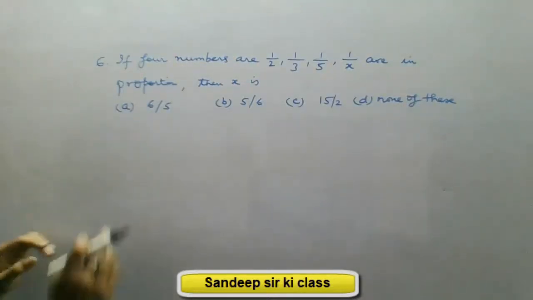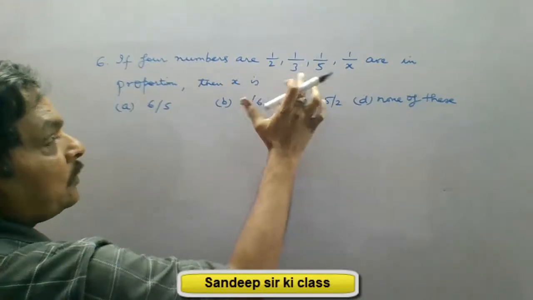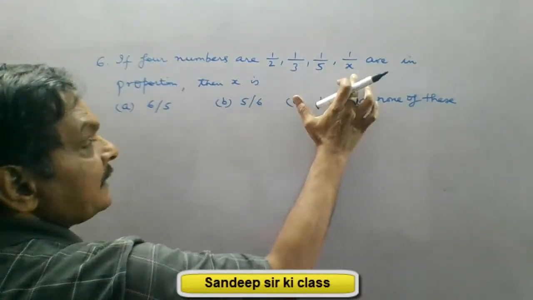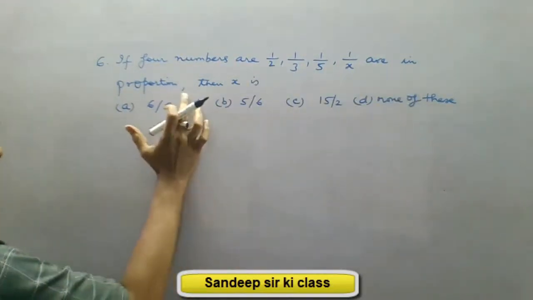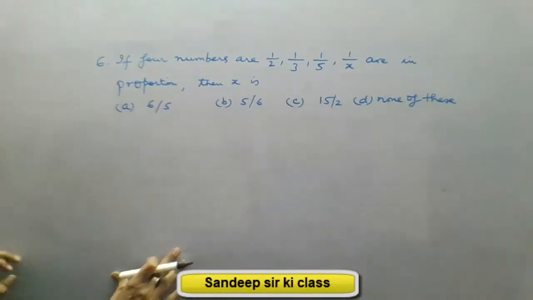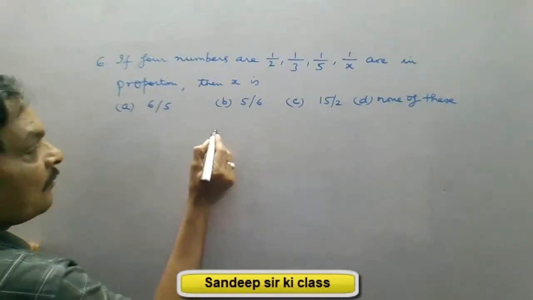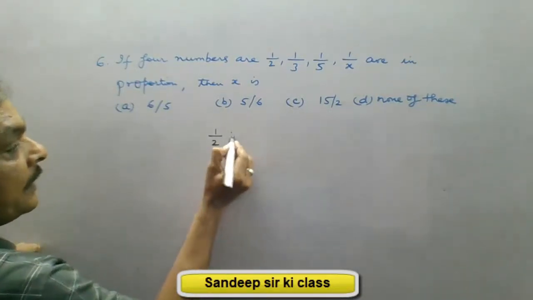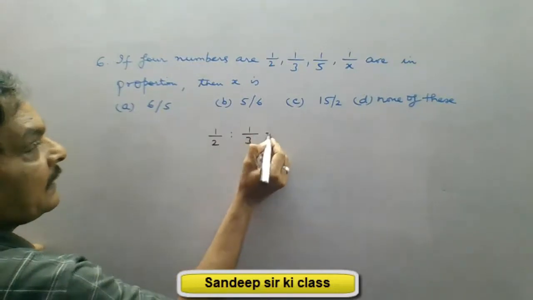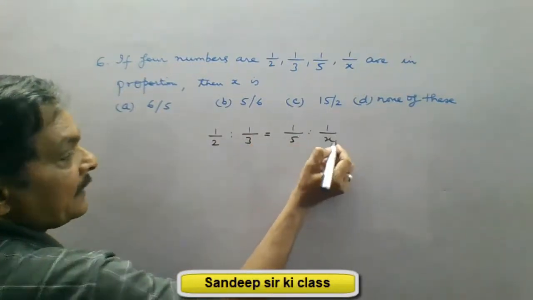Next problem is, if four numbers 1 upon 2, 1 upon 3, 1 upon 5 and 1 upon x are in proportion, then x is, options given are like this. Now four numbers are in proportion means 1 upon 2 ratio 1 upon 3 equals 1 upon 5 ratio 1 upon x.